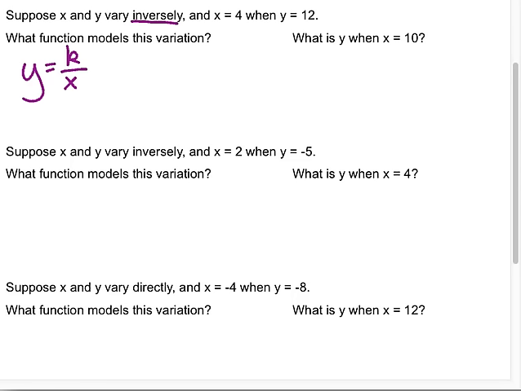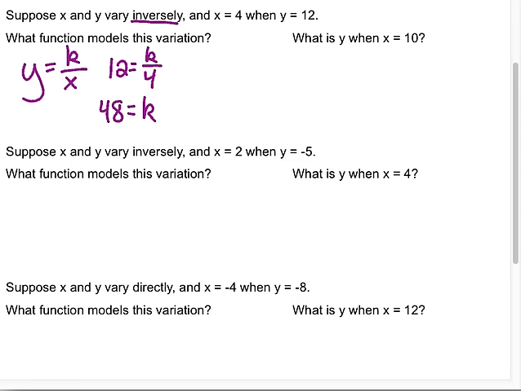And then they tell you x is 4 when y is 12. All right, well, what does that do for me? Well, it's giving me an x and y, just like we got from the data table. So now I'm actually able to find k. When I multiply that 4 over, it's telling me that my k is going to be 48.